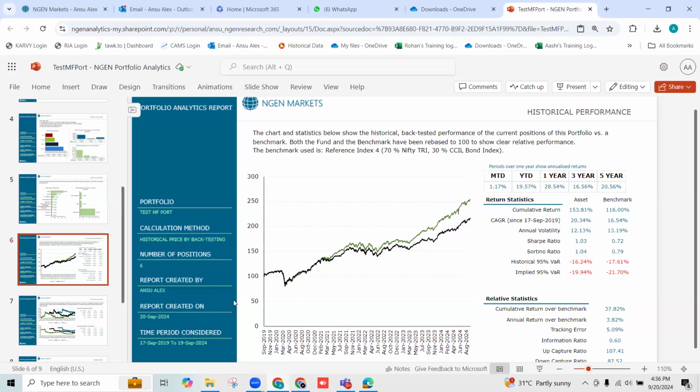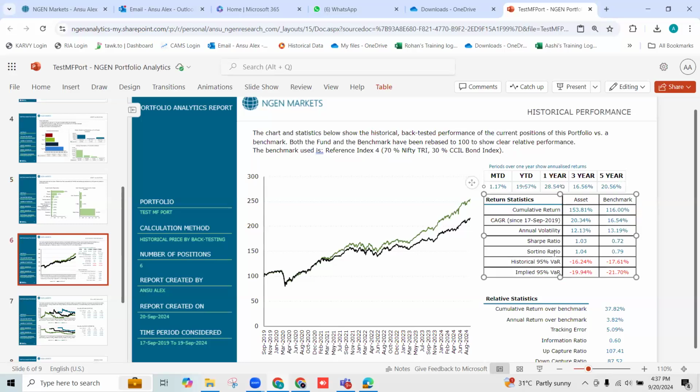Next is the performance chart, letting you see how the portfolio has performed against the benchmark in a graphical manner, as well as the statistical data, which is provided on the right of it.